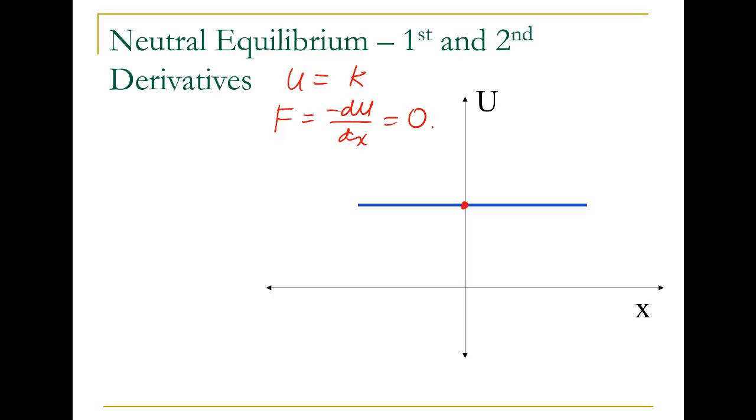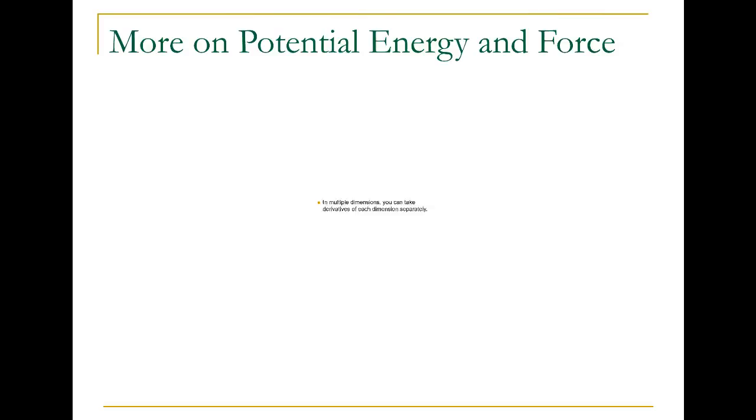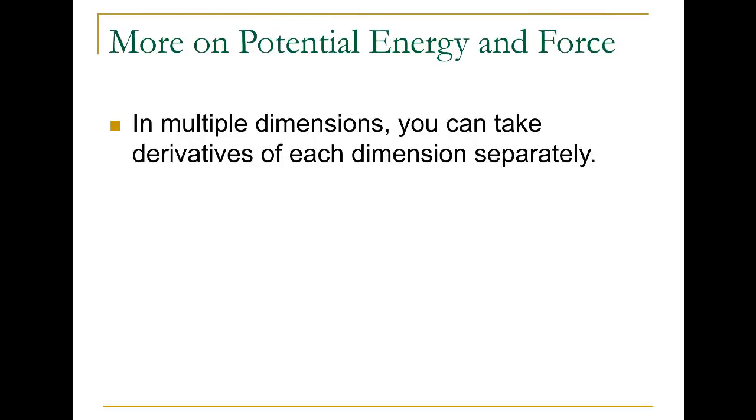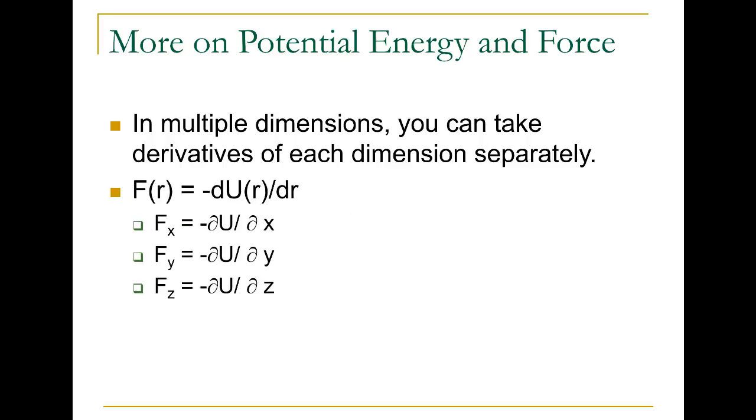Okay. Now the last thing to point out is that in multiple dimensions, you can take the derivatives of each dimension separately. And this is another math topic that you may not have gotten to just yet. But here's what it would look like.